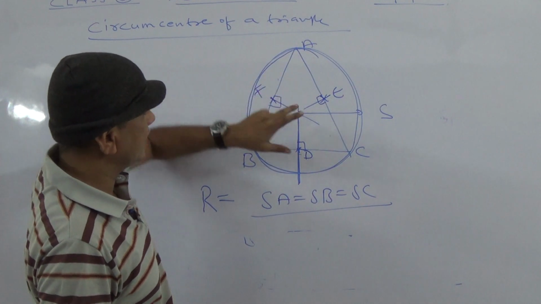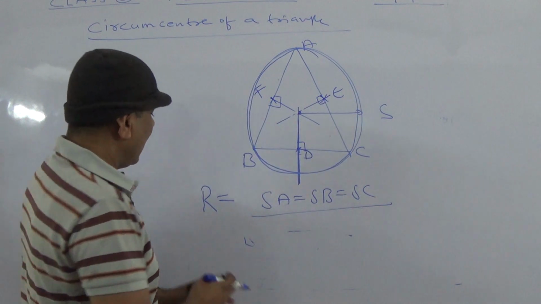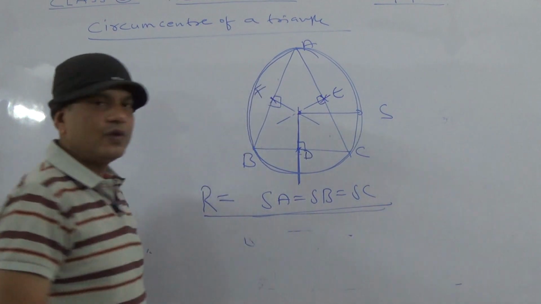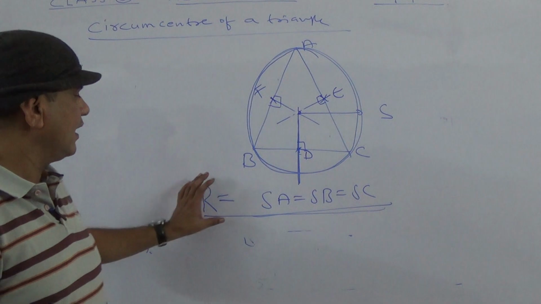So R is equal to SA is equal to SB is equal to SC.